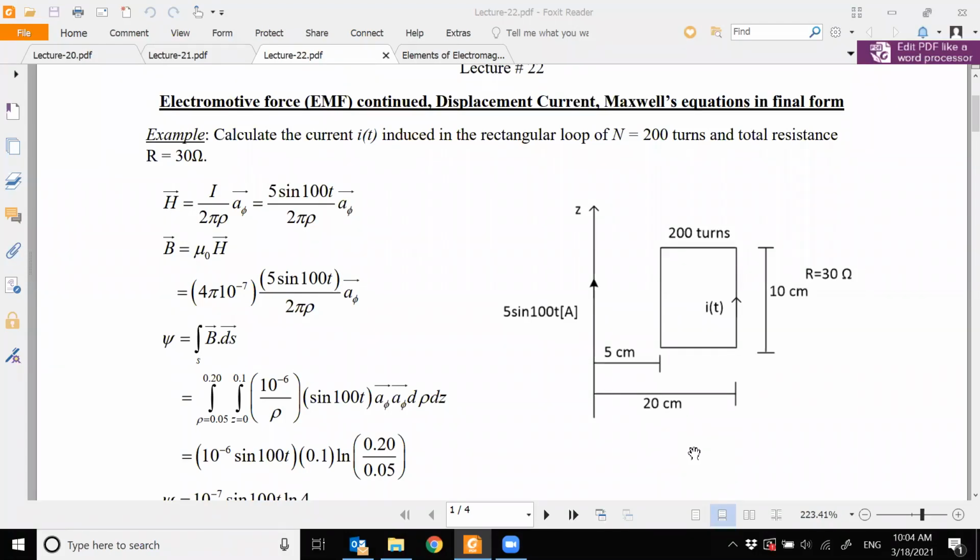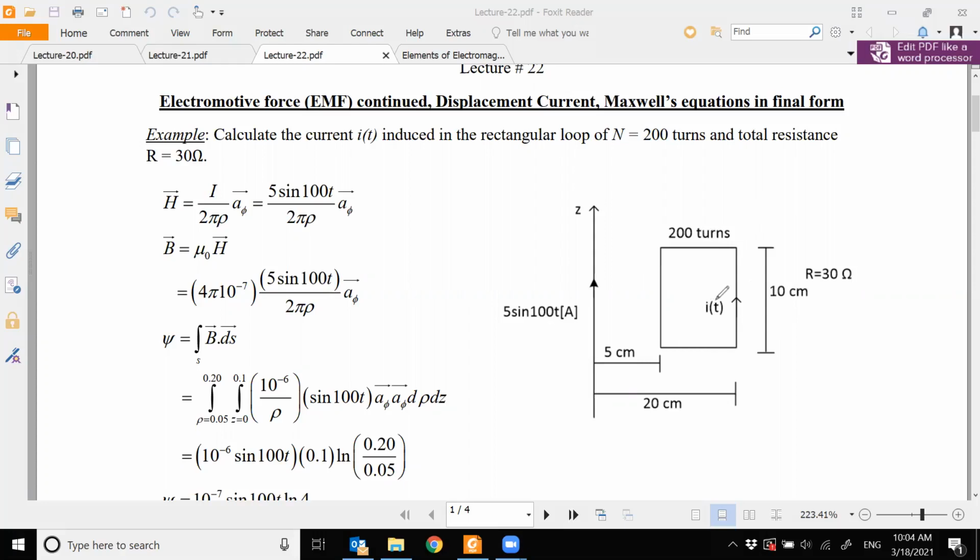Mr. Ibrahim Al-Shamasi, can you tell me how we are going to proceed here? How are we going to proceed to find the current in this loop? What do we need to find first?